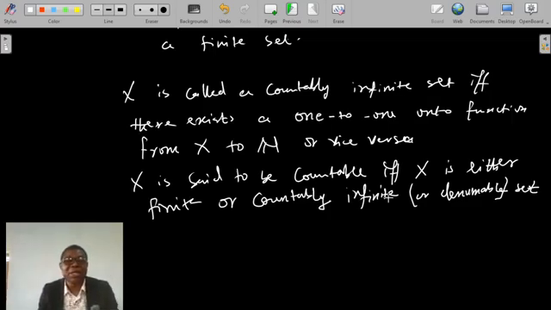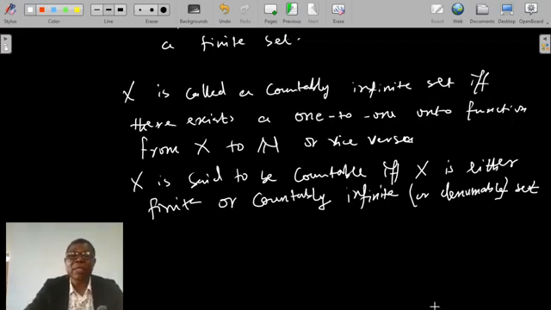When you tell somebody to define a countable set, the person may say a finite set, or if you tell the person to define a finite set, he or she says a countable set. This should not create confusion if we really follow this lecture completely.